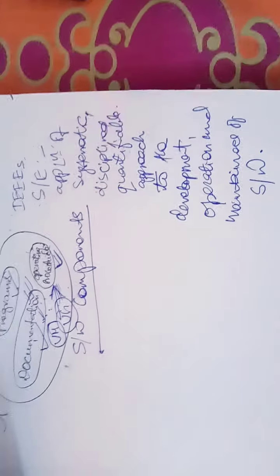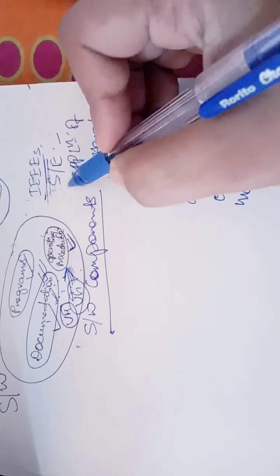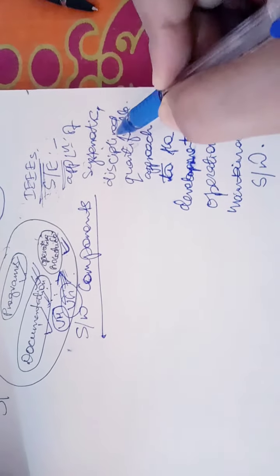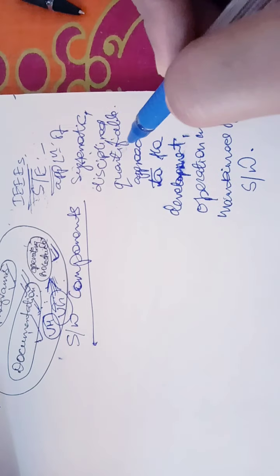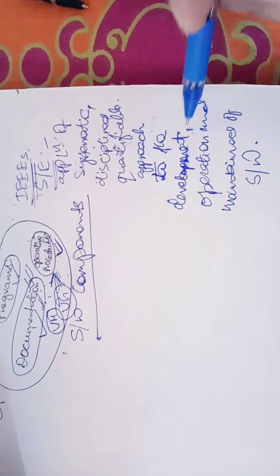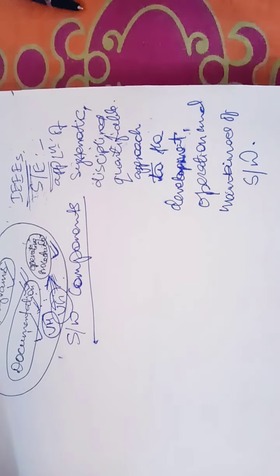So as per IEEE, software engineering is the application of a systematic, disciplined, quantifiable approach to the development and operation and maintenance of a software.